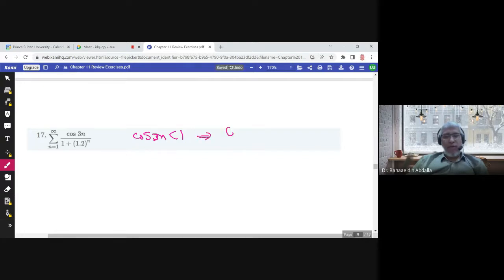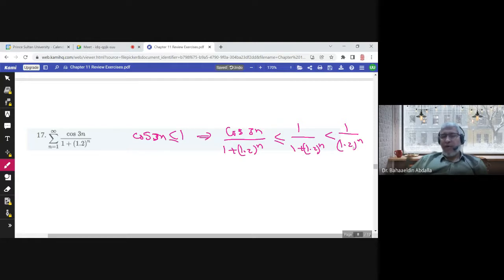So I can divide both sides by this one. But this is 1 plus 1.2 to the power n, so I can write it like this. Because the denominator is greater, so this is less than this.